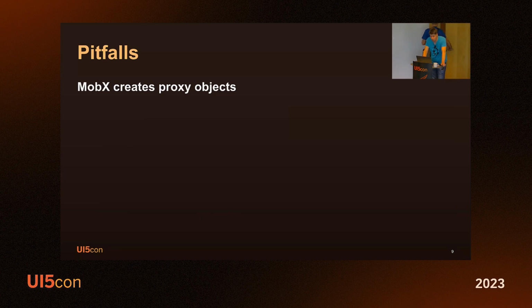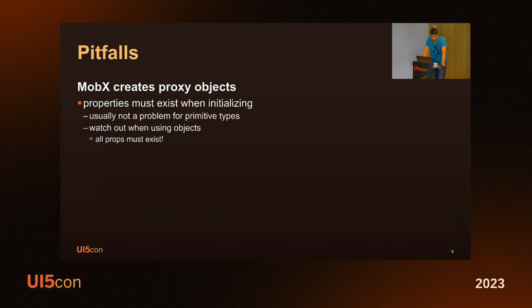The most important thing at that point is that MobX creates proxy objects. And that's the main thing you need to know, because whenever you want to change something, it must exist beforehand. That's especially a problem with objects. For example, if we would have something like selected persons, we don't know this in advance, so creating an empty object at that point won't work, because the properties of that object are not known beforehand.